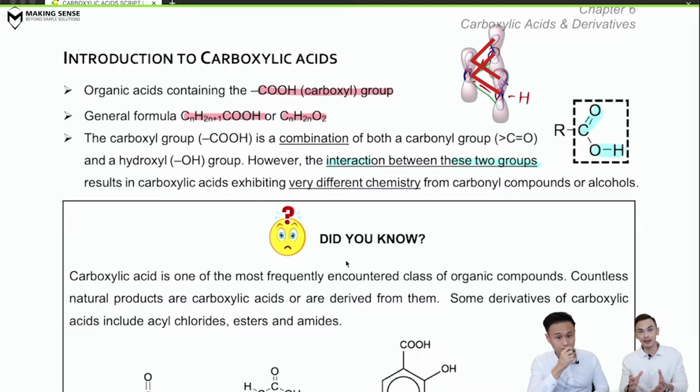This is what we meant by the interaction between the two functional groups, which allows the delocalization of electrons. So when we study carboxylic acid, it is not carbonyl, it is not hydroxyl, rather it's something very different, which we will discuss in greater detail.